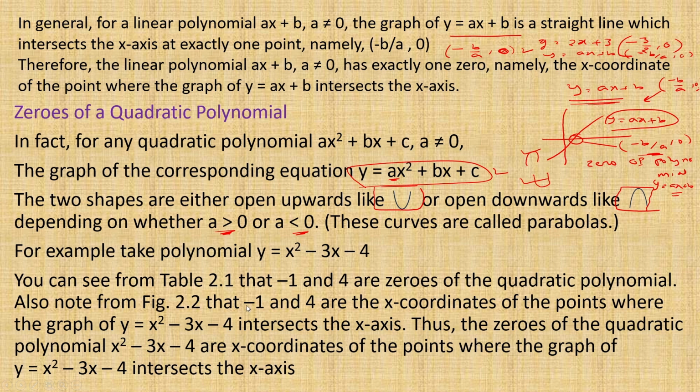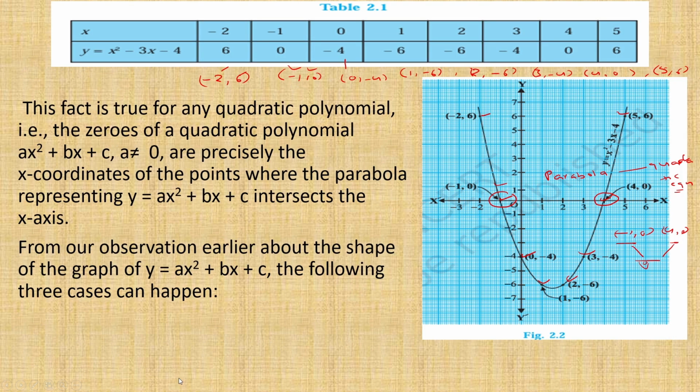From the figure, minus 1 and 4 are the x coordinates of the points where the graph y is equal to x square minus 3x minus 4 intersects the x-axis. Thus, the zeros of the quadratic polynomial x square minus 3x minus 4 are the x coordinates of the points where the graph of y is equal to x square minus 3x minus 4 intersects the x-axis.